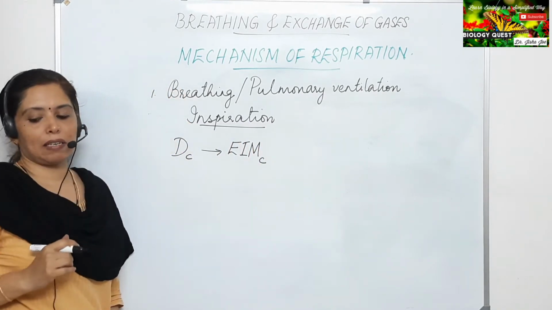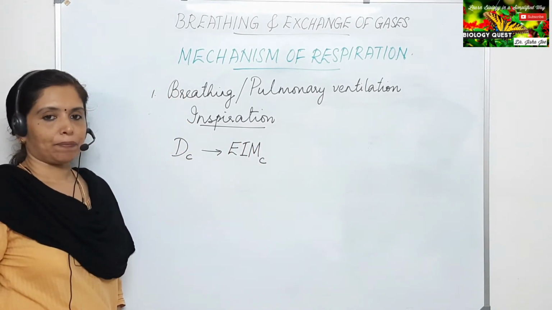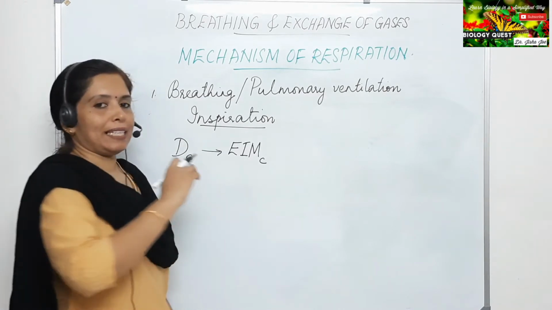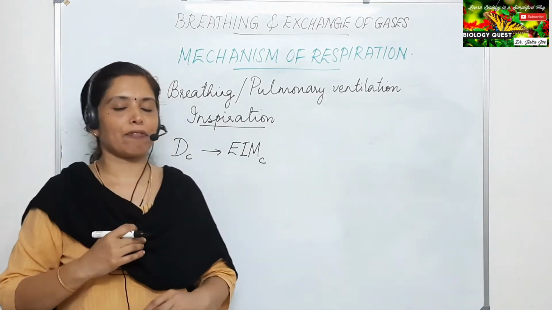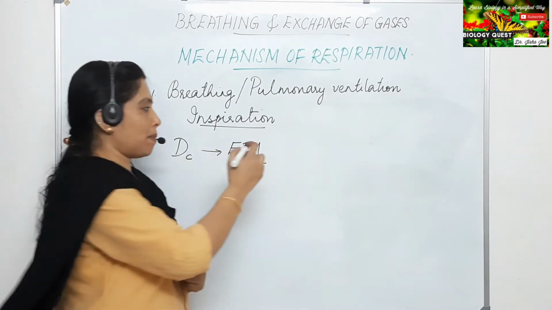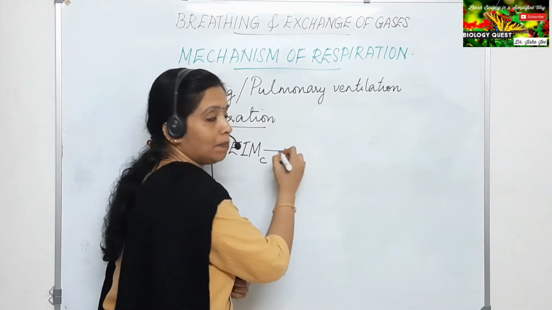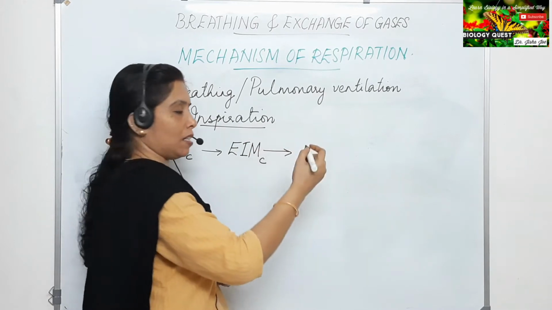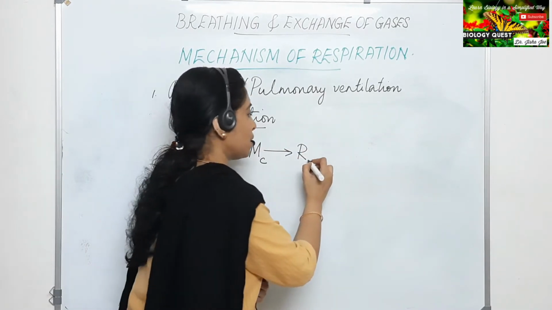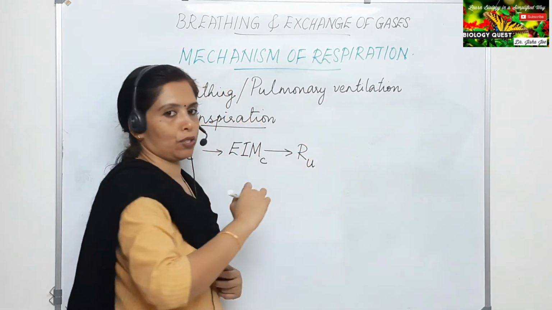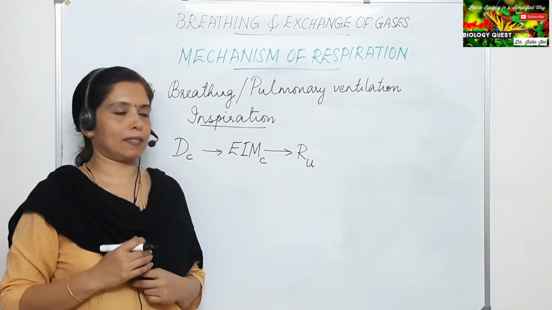So the diaphragm has flattened, the external intercostal muscles have contracted. Now what will happen to the ribs and the sternum? Ribs and the sternum move upwards. R stands for ribs, U for upwards.